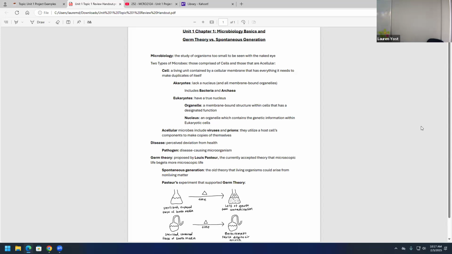Pathogens are any microbes that would lead to the development of disease. So if your disease is caused by a microbe or any other organism that's introduced in your body leading to that deviation from health, that's a pathogen. We talked about our different groups of pathogens as potentially being virus, prion, various bacteria.